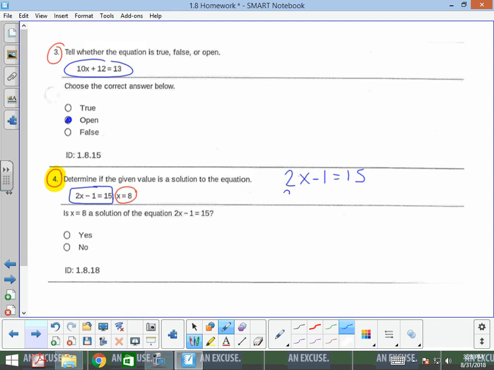So that means we're going to take the x out and put the 8 where the x was, and we're going to simplify. So 2 times 8, this is for order of operations, is 16, and 16 minus 1 equals 15. So that is a true statement. So that would be yes, x equals 8 is a solution of the equation. And that is how I want you to show the work for this problem whenever you do the 1.8 homework.